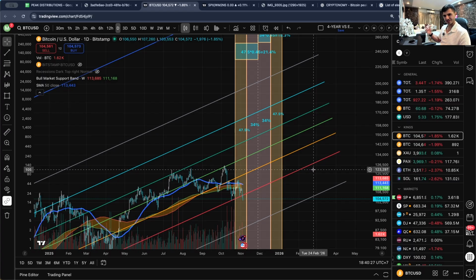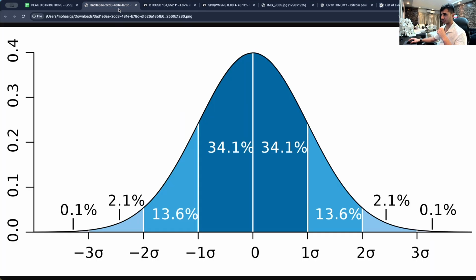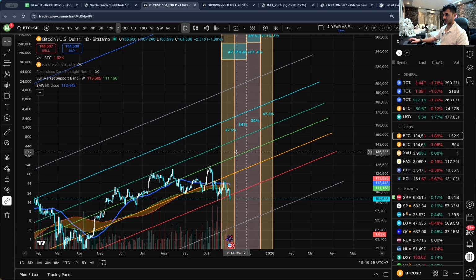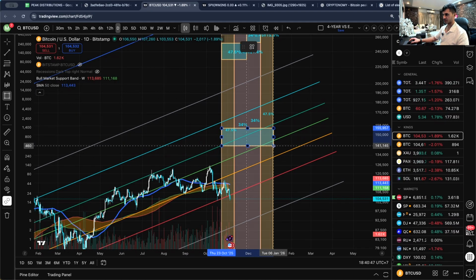The 3rd presidential year. So we decided that to fit the normal distribution, we took the 1 and 2 standard deviations and the mean of our data set, and we assumed that if this is 70%, between this area and this area we have a 45% chance that the market could decline here.